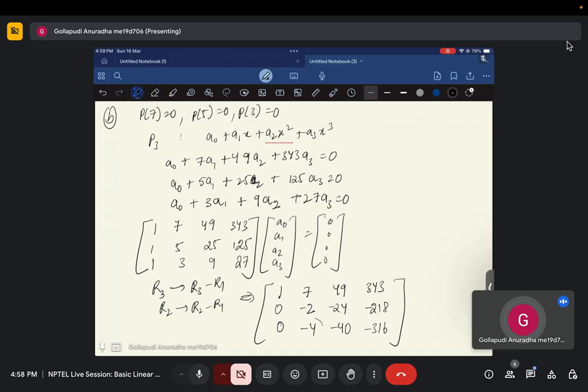Now I will try to make this as 0. So you can see here that when row 3 goes to row 3 minus 2 times row 2, this will go to 0.